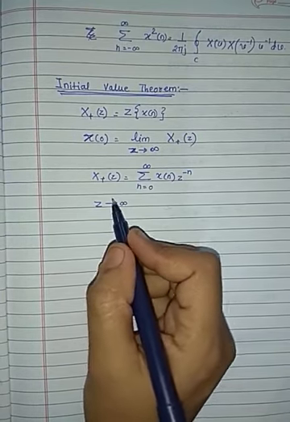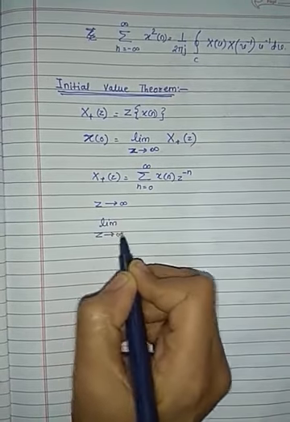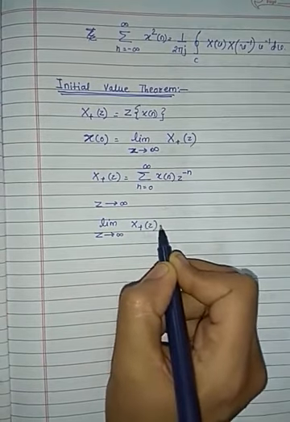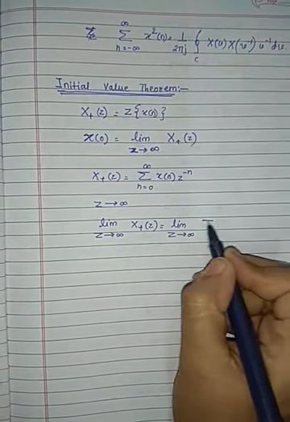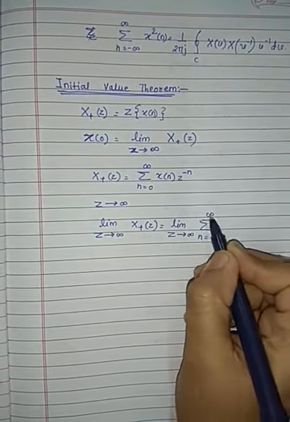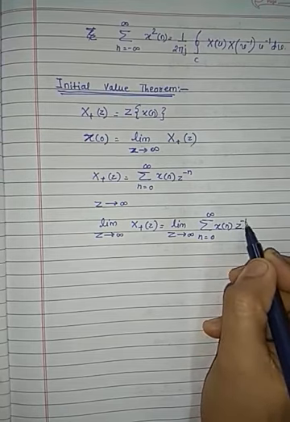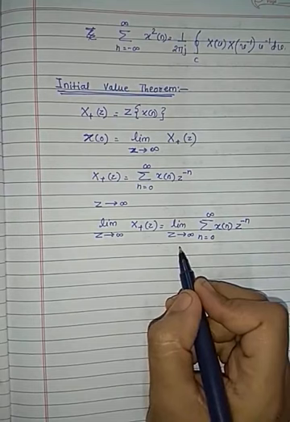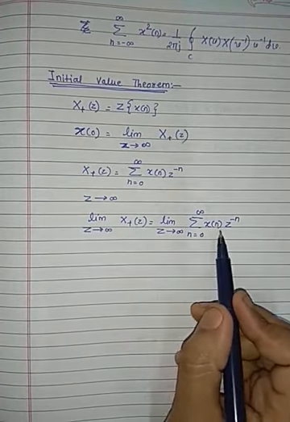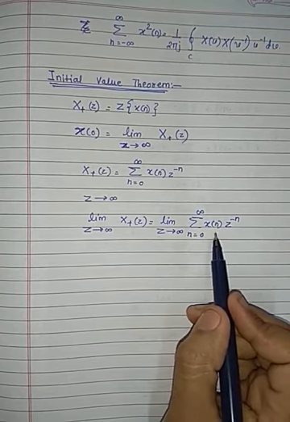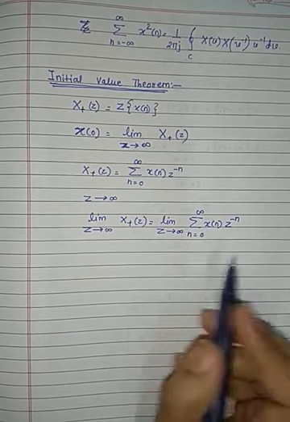So after applying the limit here, we have the limit as z tends to infinity of X plus of z equal to the limit as z tends to infinity of the summation from n equal to 0 to infinity of x of n into z raised to minus n. As this limit is applied, all the terms here vanish except the term at n equal to 0, that is x of 0.